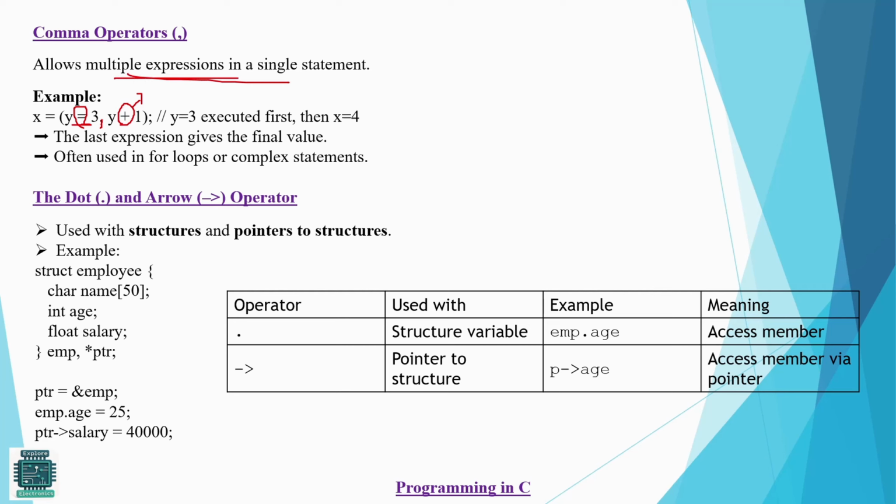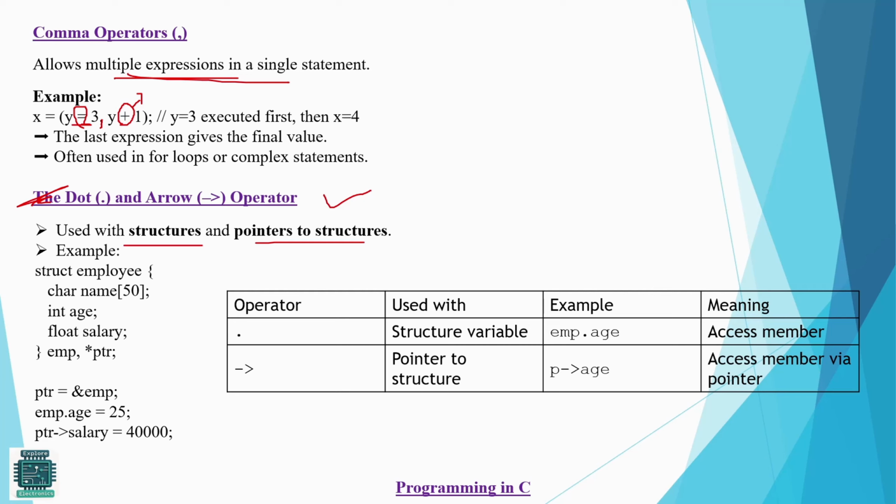And the next operator is the dot and arrow operator. This operator is mainly used with structures and pointers to structures. Even in your syllabus, structures, pointers, strings modules are included. We will dive deeply into them in the upcoming modules.